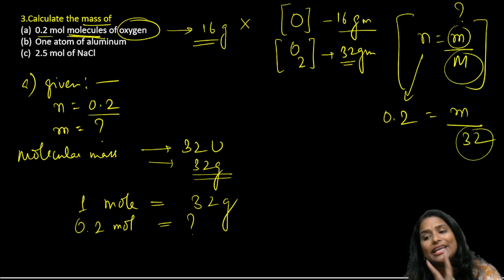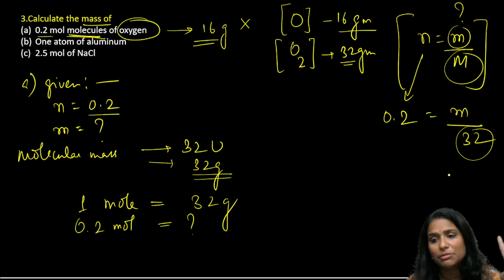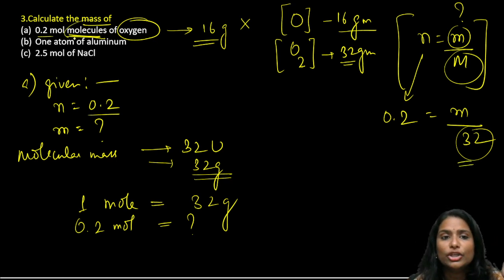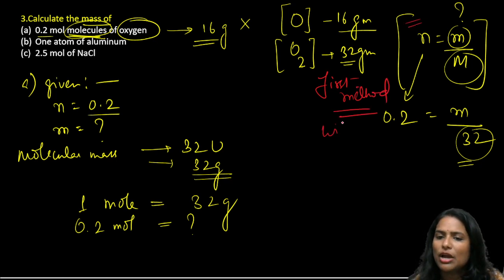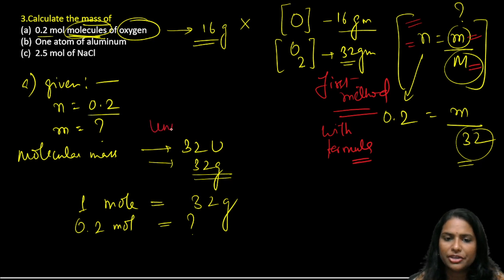Most of the time children take it as 16, but don't make this mistake, it will be 32 because O2 molecule is said. So this is the first method. There are two ways you can do the question. This is the first method, where you do it with the help of the formula, mole in terms of mass, small n equals small m upon capital M, and this one is your unitary method again.